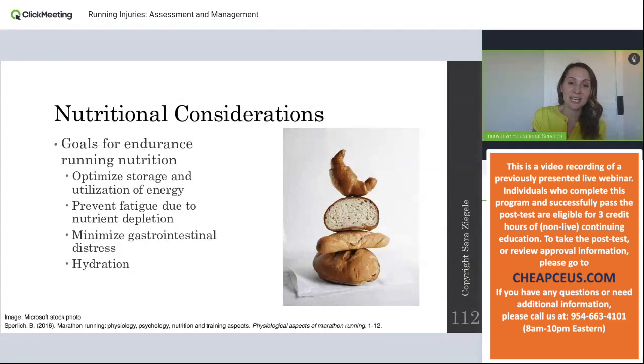When it comes to nutrition, it's a huge part of our running related community. We know that we need to optimize storage of nutrition and energy. We also need to optimize the utilization of it. The whole goal is to prevent fatigue due to nutrient depletion. We don't want to have a decrease in performance because we didn't have the fuel. We also need to minimize GI distress.